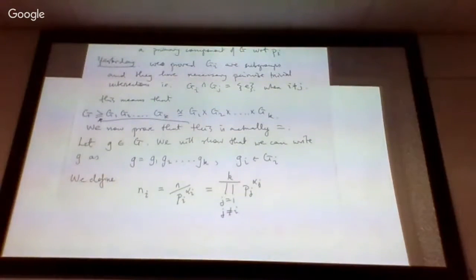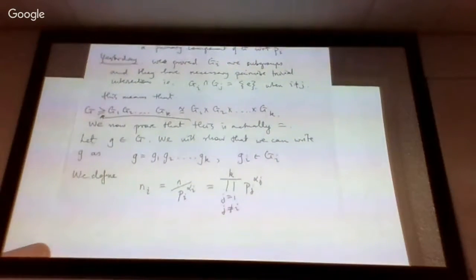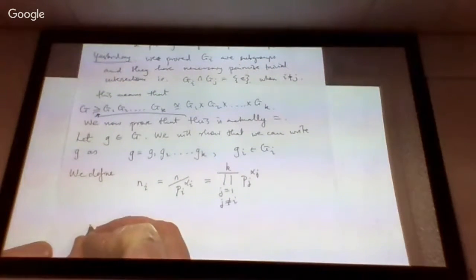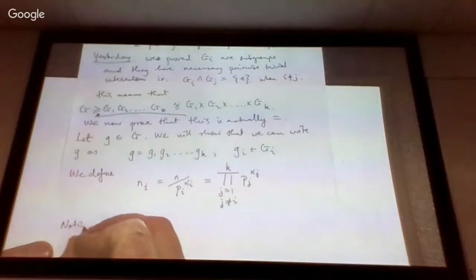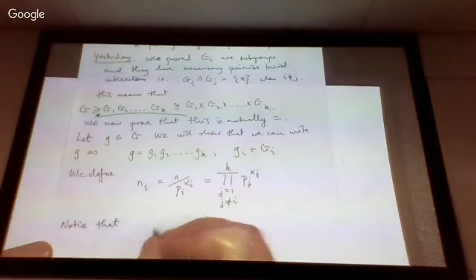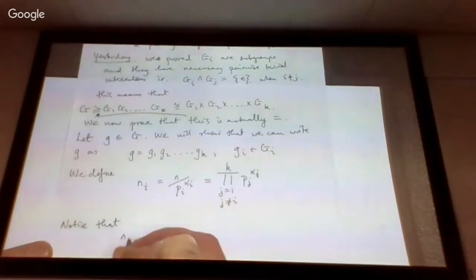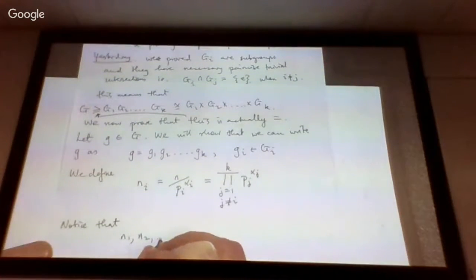What can we say about all the ni's as a set? Are they pairwise co-prime?